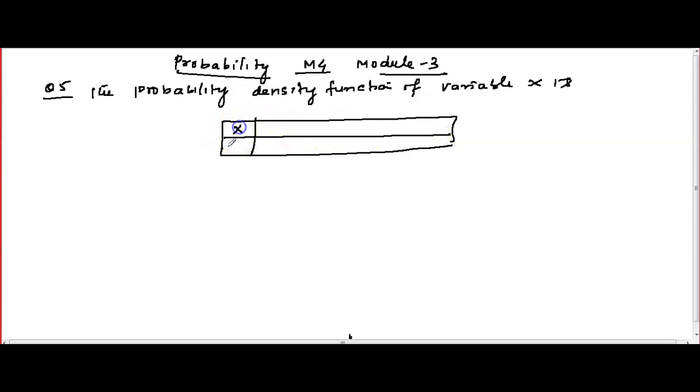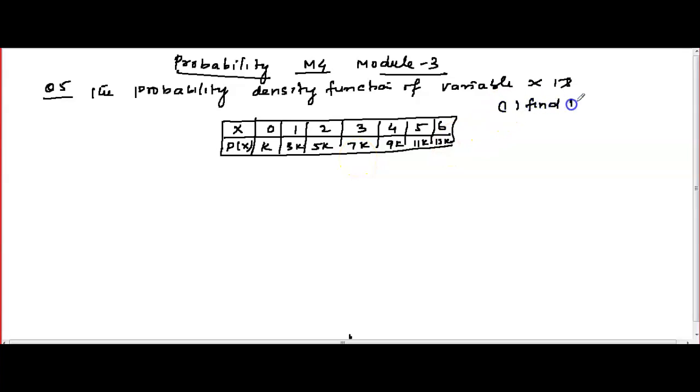X is given as 0, 1, 2 up to 6, that is 0, 1, 2, 3, 4, 5 and 6, and this is p of x. The respective probability values are given: k, 3k, 5k, 7k, and so on up to 13k.